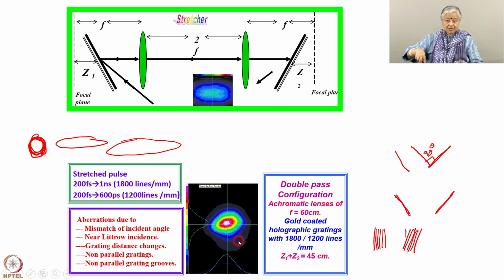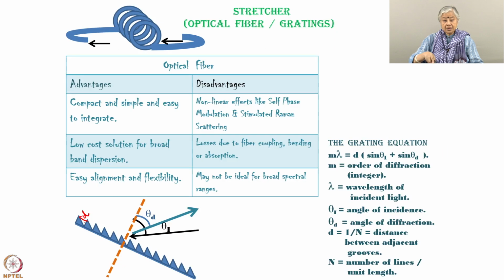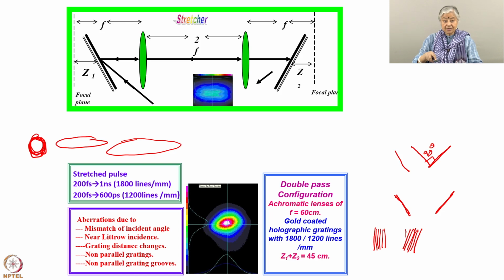Okay. So, a lot of attention has to be paid to the alignment of this system. So, one could say that maybe the optical fiber is much better, you do not have to do that. But you can also say this, that I have so many parameters in my hand which I can control, okay, all these alignment procedures of the grating.